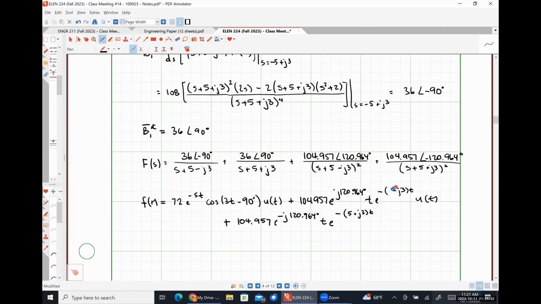And I'm realizing that this 5 looks too much like an s, so I'm rewriting it to be more obvious. U of t.